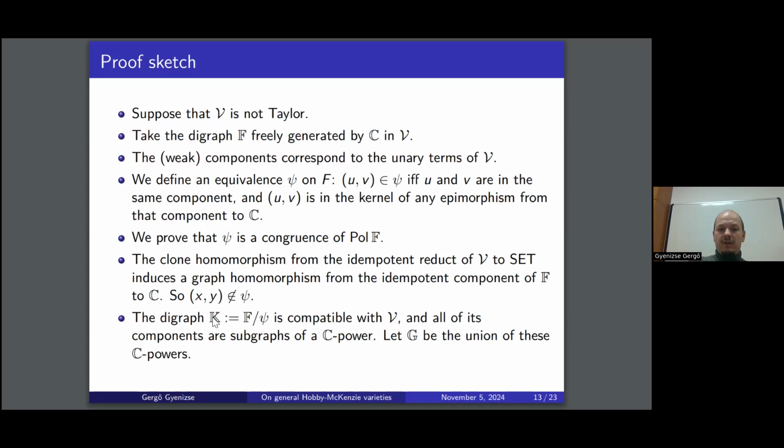So all the components of K live inside the C power, and we are just taking the union of these C powers, and that will be a graph G. So G will be a disjoint union of some C powers.